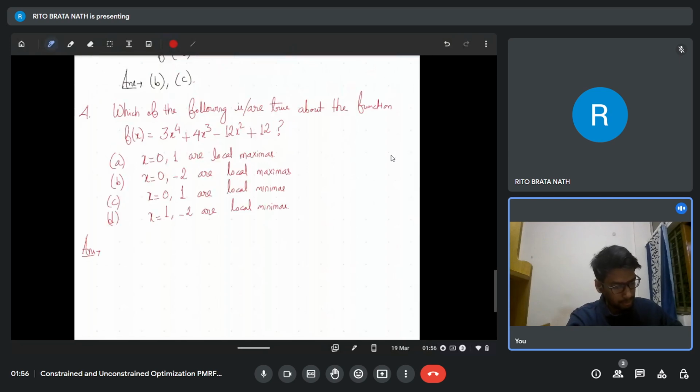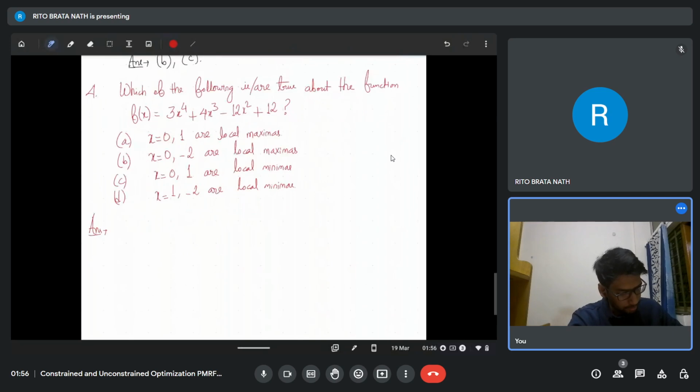So I'll write down the function. f(x) is 3x to the power 4 plus 4x cubed minus 12x squared plus 12, right?